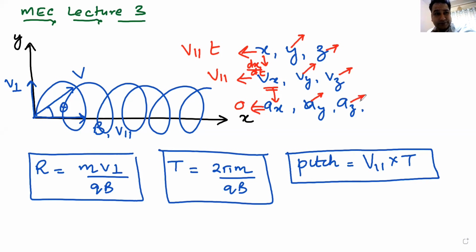How do I solve it? How do I get the value of vx, vy? Vx is already done, so I'm only more concerned about the components y and z. How do I get the y and z component? So to get the y and z component, what I'm going to do is I'm going to write z here. I rotate these axes.